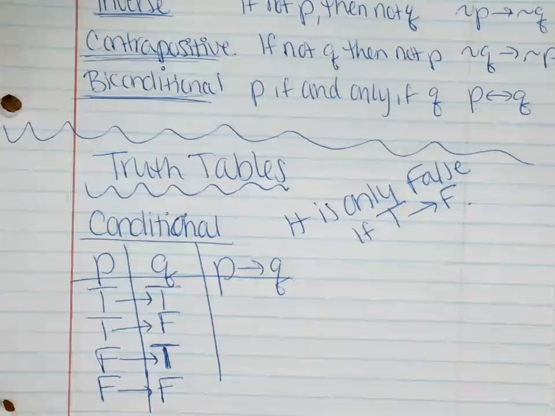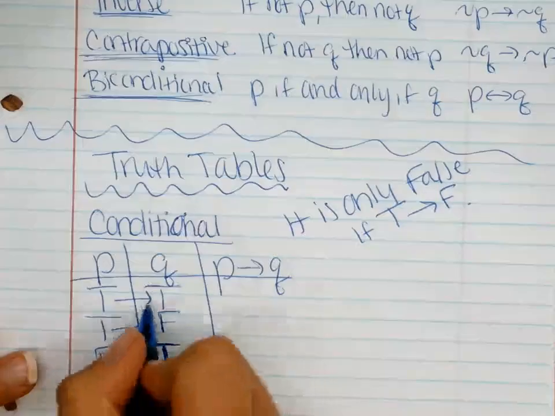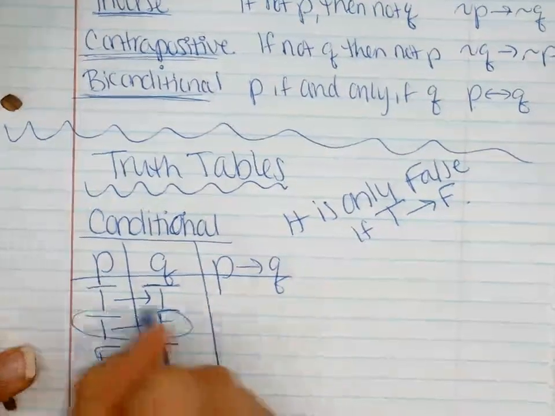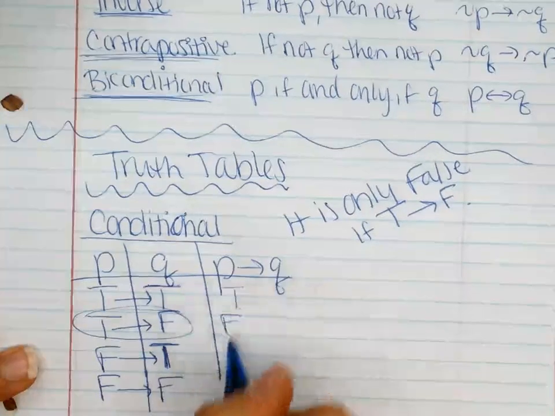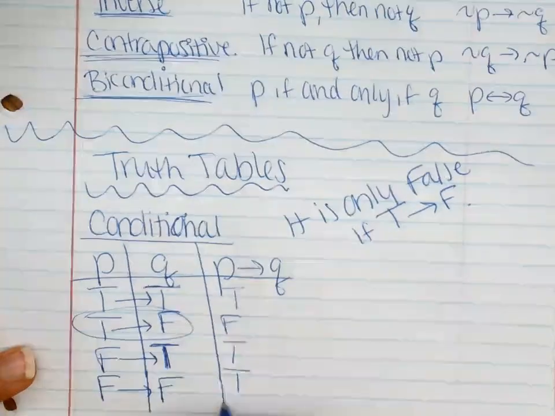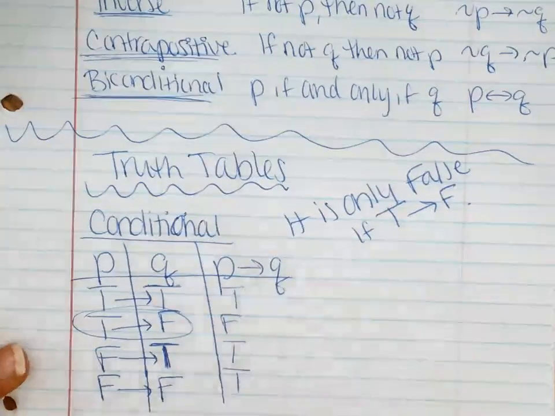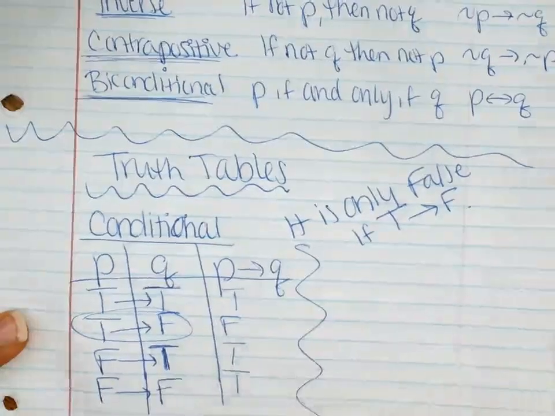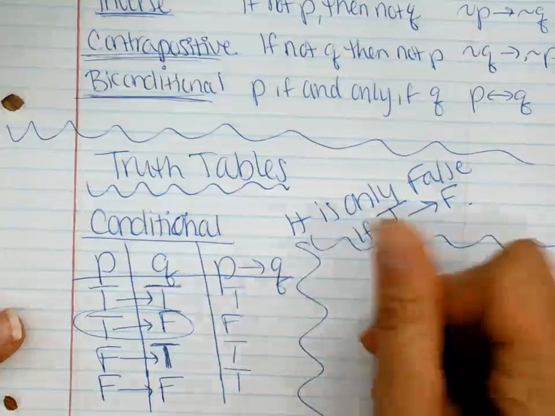Okay, so it's always only false if true goes to false. So true goes to false here. This is false. Everything else is true. So my answer is going to be true, false, true, true. And that's our conditional.